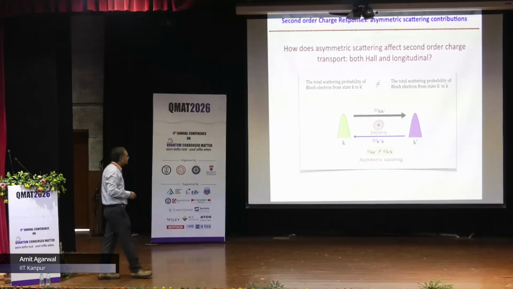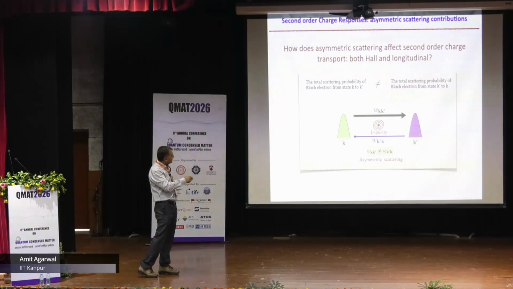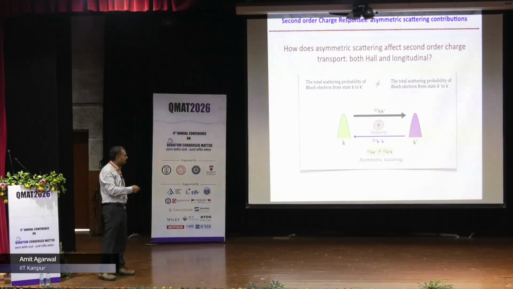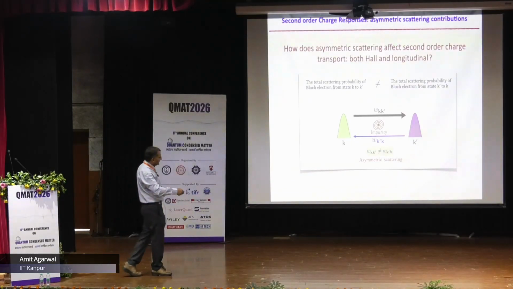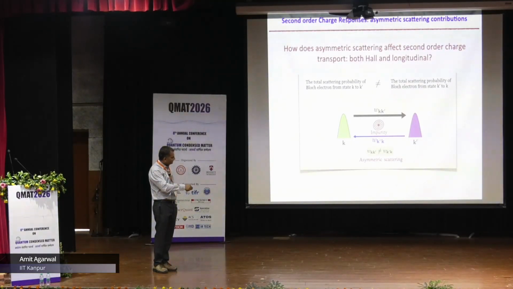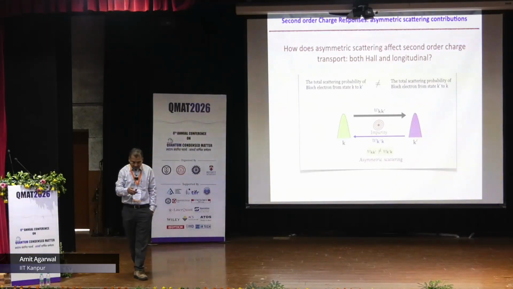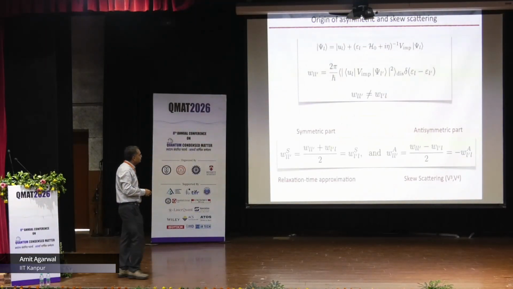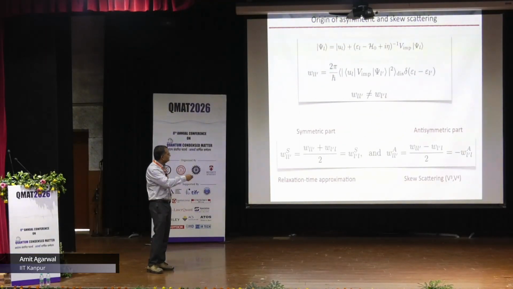So that's important. How does asymmetric scattering affect second order charge transport, let's say, both Hall and longitudinal? That's the problem. As I already said, the rate of scattering from k to k prime is not equal to k prime to k. The idea of the calculation is we calculate the scattering rate, and in the scattering rate we generally use, for Ashcroft-Mermin, let's say, symmetric scattering, the Bloch wave functions.